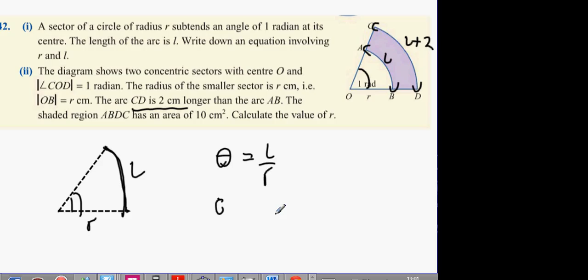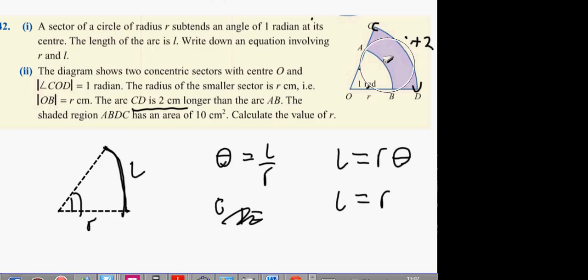I'll use the same formula: L equals r theta. This means that L equals r. So I can replace this with r. Why did I replace it with r and not r with L? Because if you read the question, it wants r on its own, not L. So that's going to be r over 2 and r.